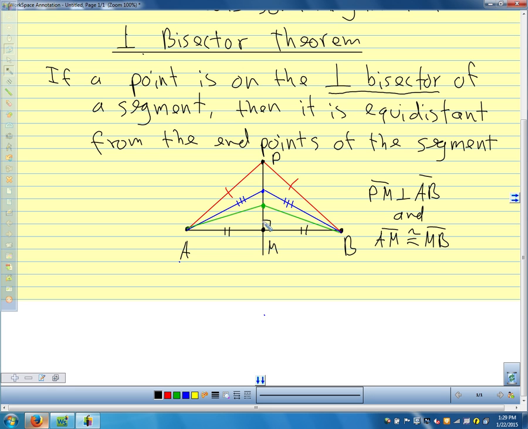Both of these angles are 90 degrees, right? Is there another piece of these two triangles that we know are congruent? We don't know that yet. That's what we're trying to show. Right, so this little segment is congruent to itself. So the triangles would be congruent by side, angle, side. And then we could say these two green segments are congruent by CPCTC. So that's how we go about proving this. So that's what the perpendicular bisector theorem tells us.